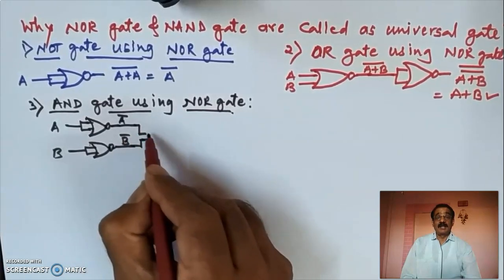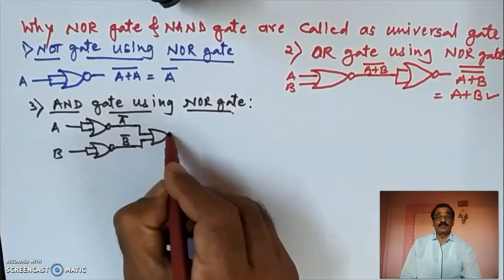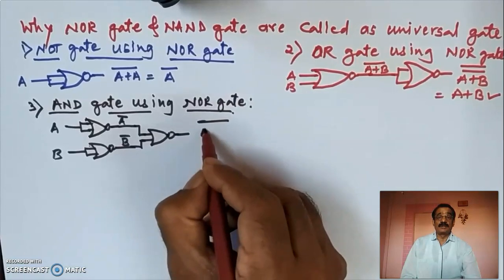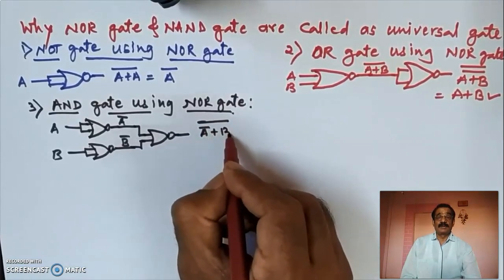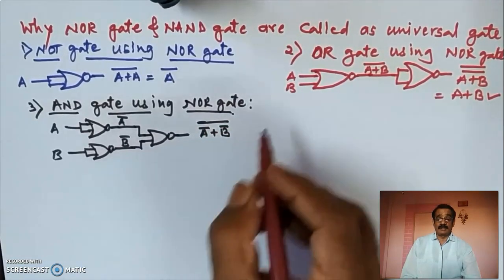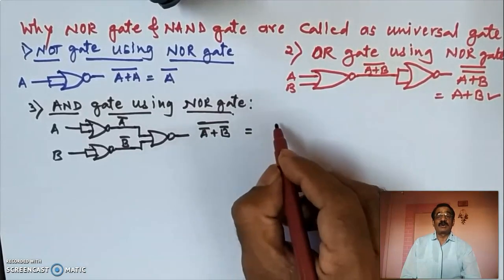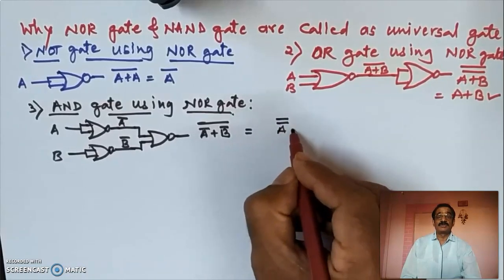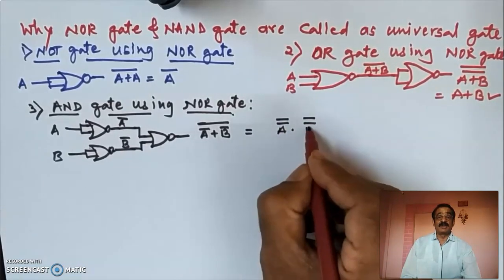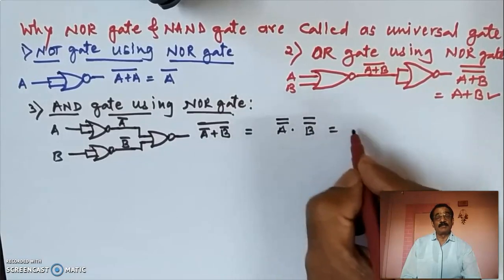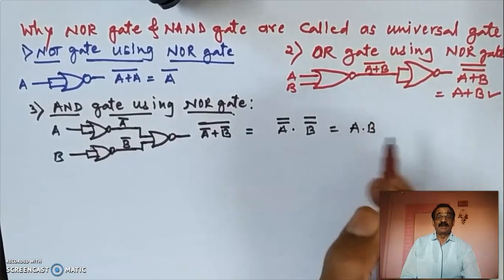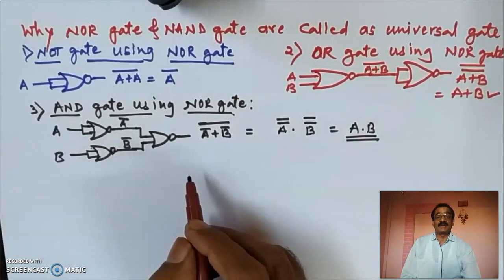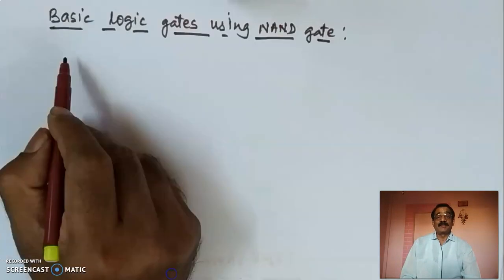And then apply both these inputs to the NOR gate again. Hence we get the output complement of A complement plus B complement. And according to De Morgan's theorem, complement of sum is equal to product of complements. So we can write double complement of A into double complement of B. So complement gets cancelled and we get the output A dot B, which is the logic equation of the AND gate.